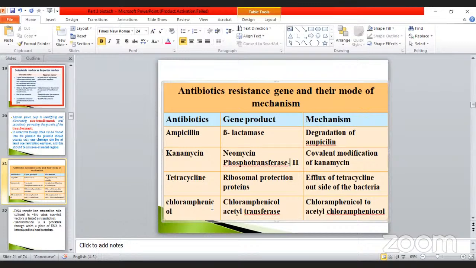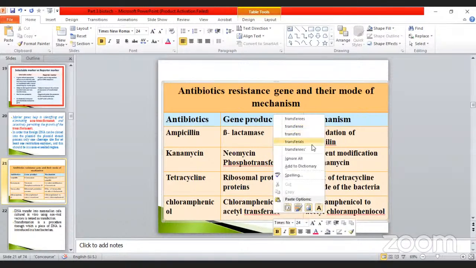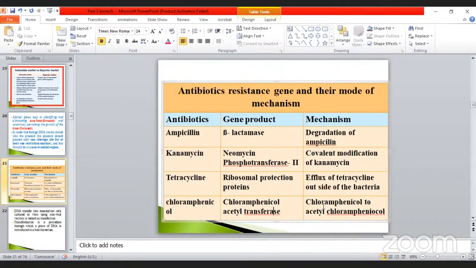Chloramphenicol, the antibiotic. Gene product: chloramphenicol acetyltransferase. Acetyltransferase, this is important. What about the mechanism?